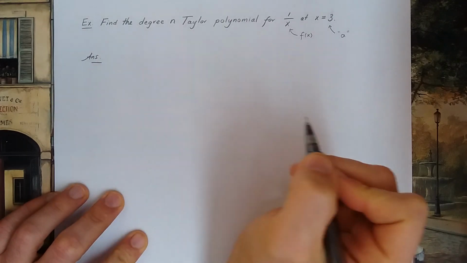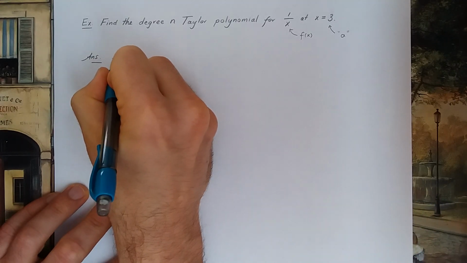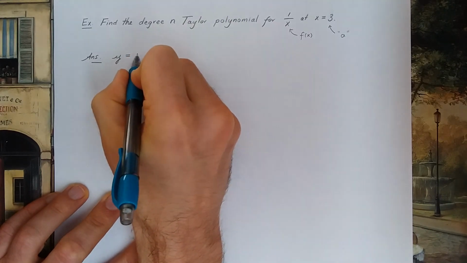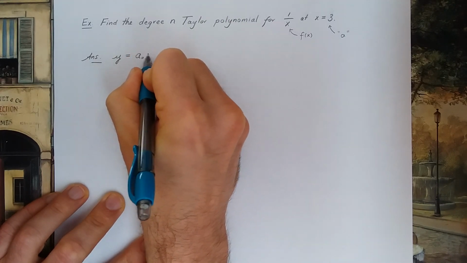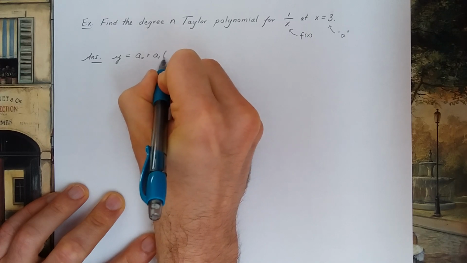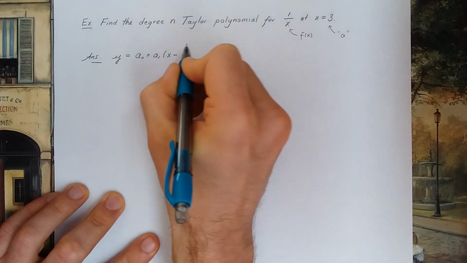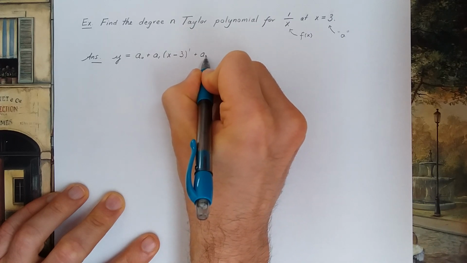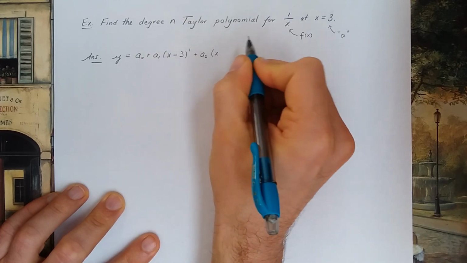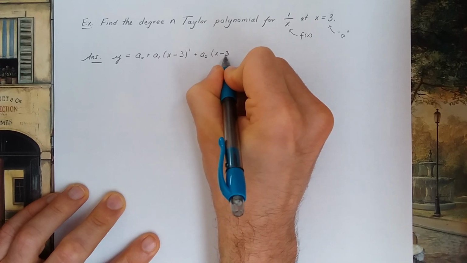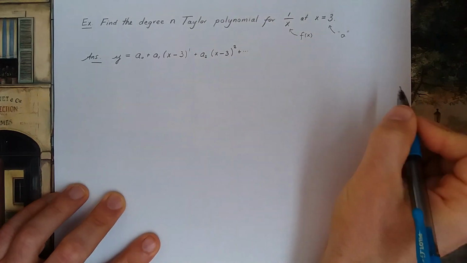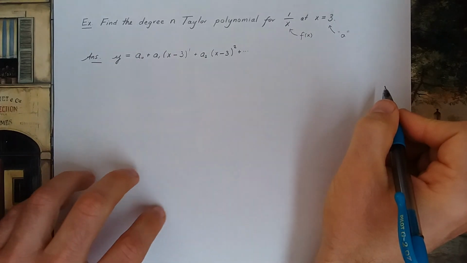The last video told us that the degree n-Taylor polynomial looks like a0 plus a1 times x minus a, in this case a is equal to 3, to the first, plus a2 times x minus 3 squared, and so on until I get to the nth term.